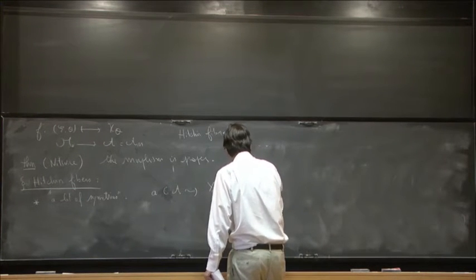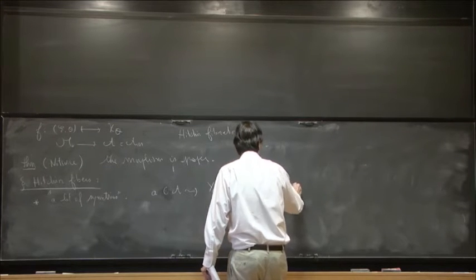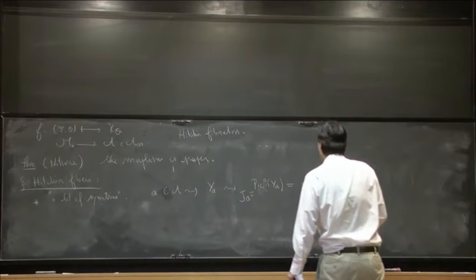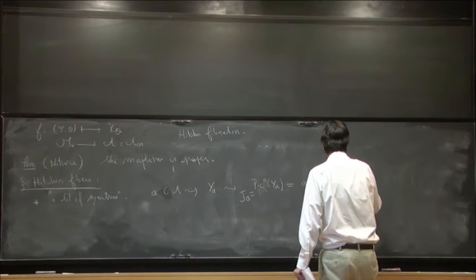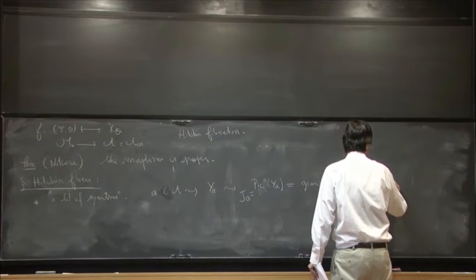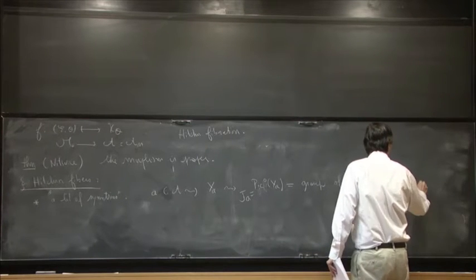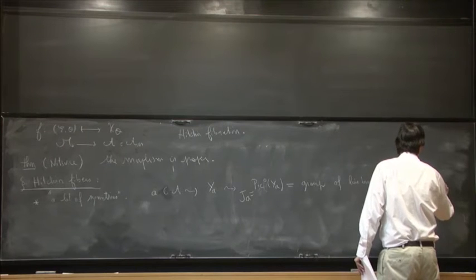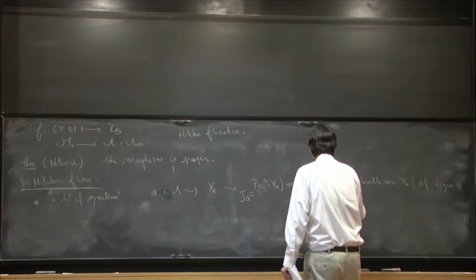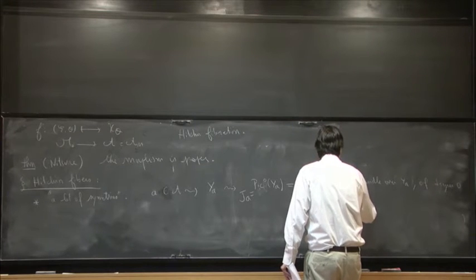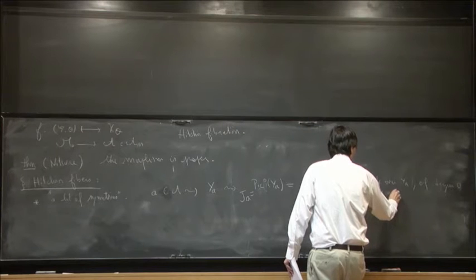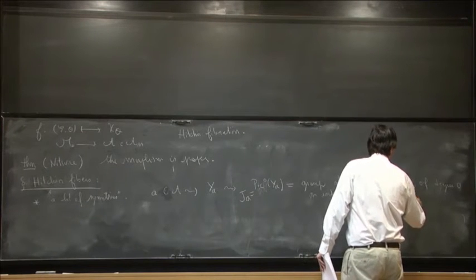Let me denote it JA. This is a group of line bundles over YA, but of degree 0 on each irreducible component of YA.